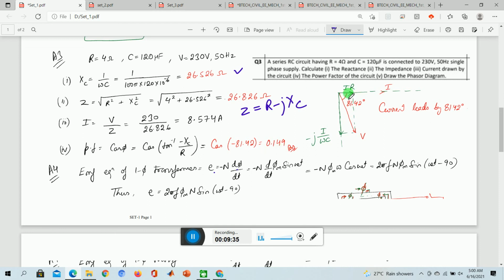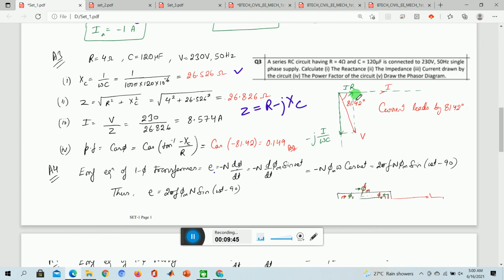While drawing the phasor diagram, the current should be in the reference direction, that is on the x-axis. Now you have to multiply the current with the resistor, and multiply the current with the capacitive reactance. When you multiply with the resistance, there is no J term, so this will obviously lie along the x-axis.